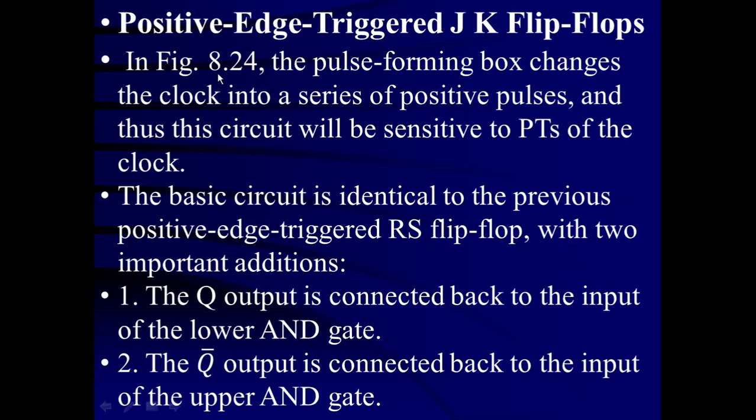In figure 8.24, the pulse forming box changes the clock into a series of positive pulses, and thus this circuit will be sensitive to the positive transition of the clock. The basic circuit is identical to the previous positive edge triggered RS flip-flop with two important additions. The Q output is connected back to the input of the lower AND gate, and the Q bar output is connected back to the input of the upper AND gate.